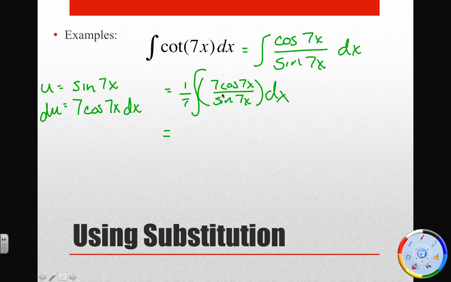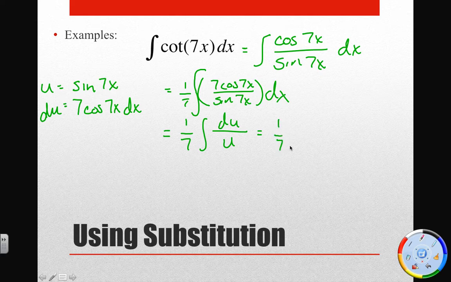Well, now I have enough information that I can use my substitution. 1/7 of, well, 7 cosine 7x dx is my du. Sine 7x is my u. So I get basically the integral of 1 over u. And some of you guys are not quite there yet. You forget what the antiderivative of 1 over u is. But the derivative of the natural log is 1 over the variable.